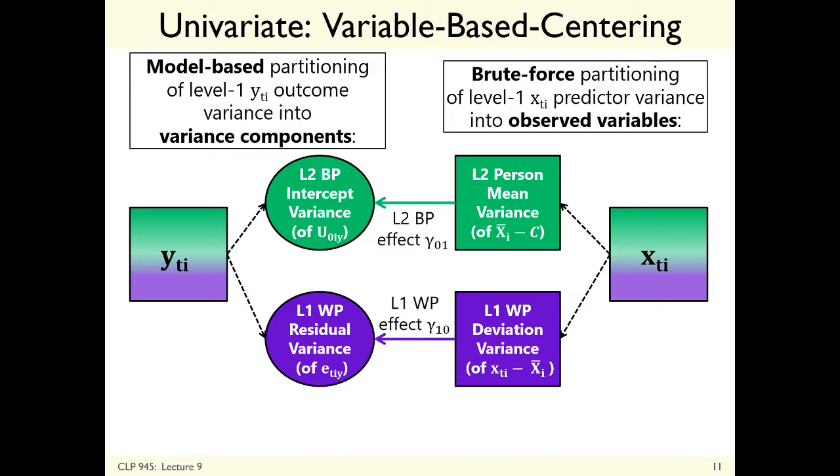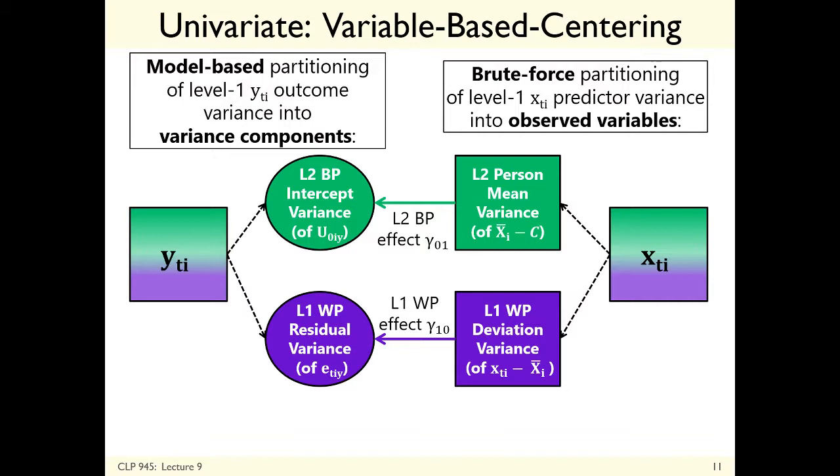In other words, we let the model split up the variance in Y into estimated variance components, right? And we talk about random intercept. Random intercept is between person mean differences, right? And we let the model figure out within person level 1 variation around those means.